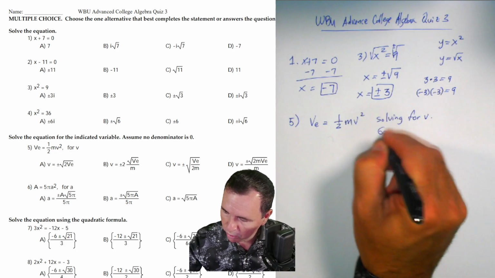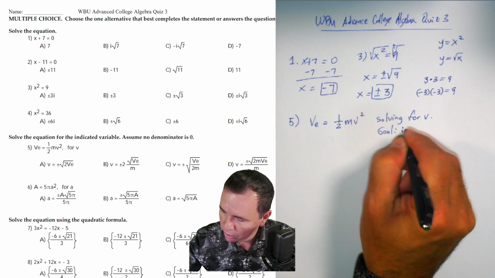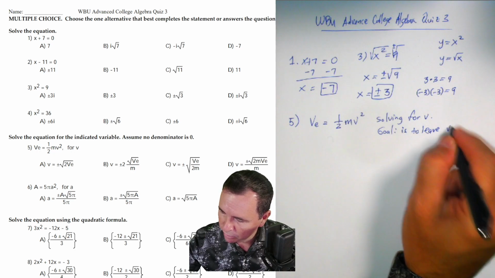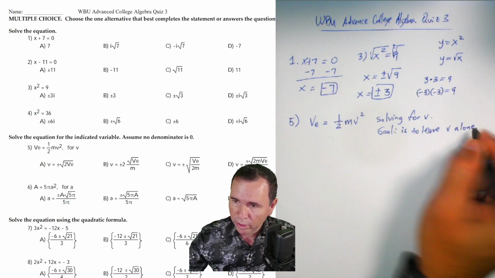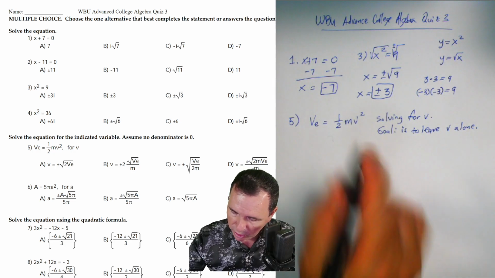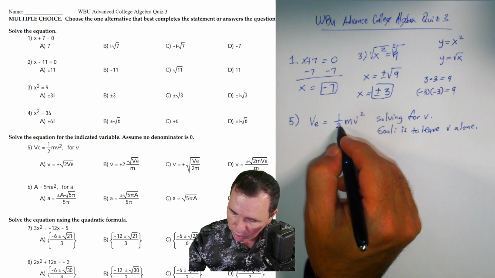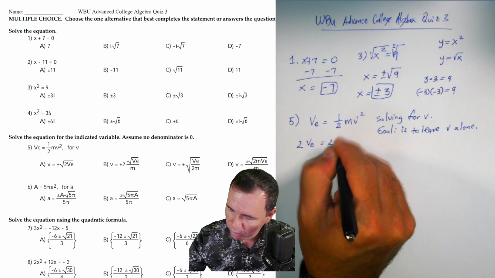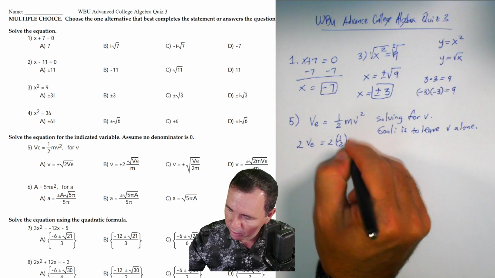Your goal is to leave v alone. All right, so the way you're going to leave v alone is to counter everything you see. If I'm dividing by 2, I would multiply both sides by 2. That's how you would counter it.